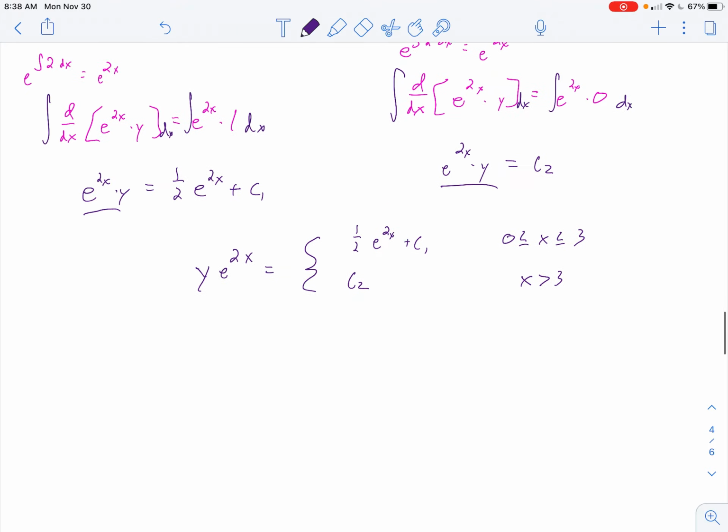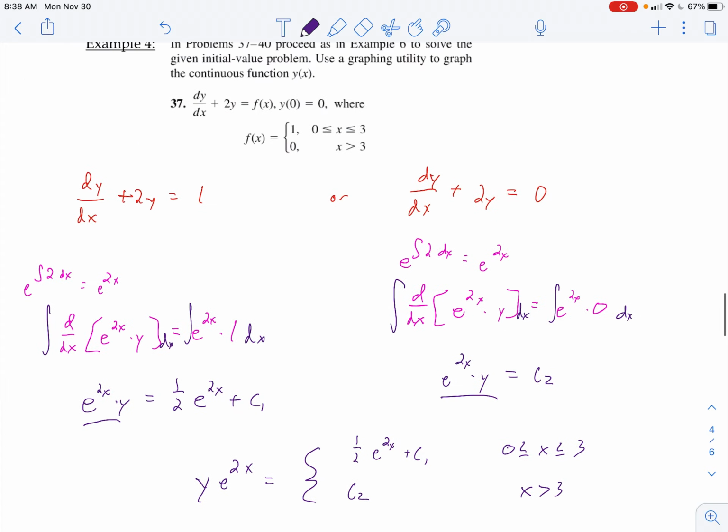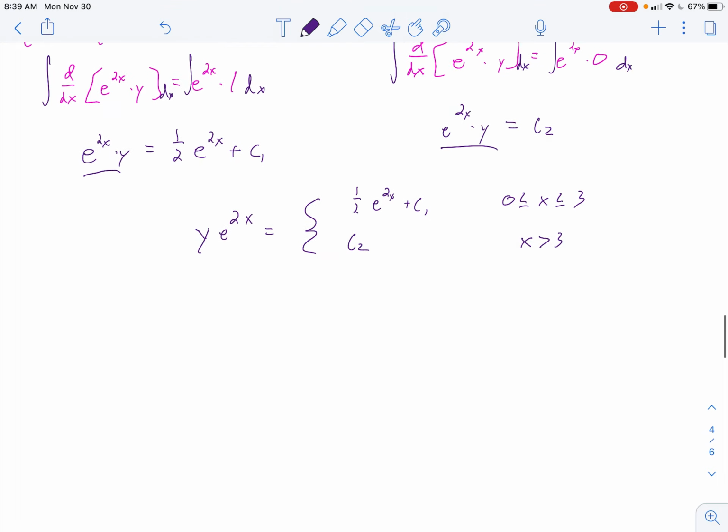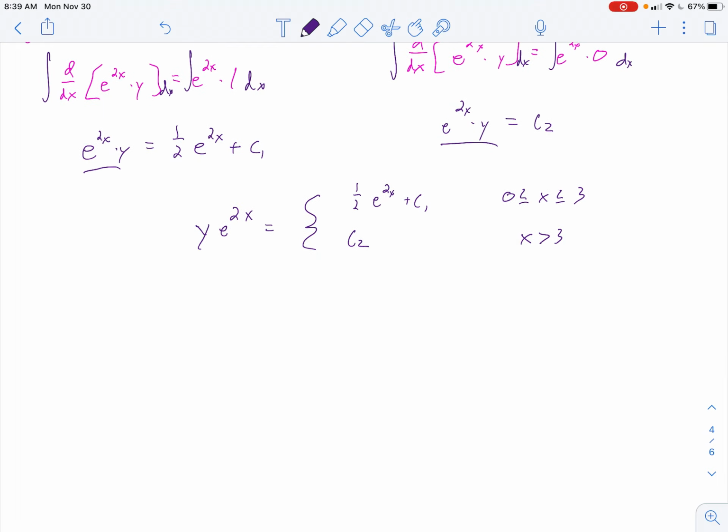All right, now let's focus on our initial value, y of 0 is equal to 0. We're going to plug that into the first equation because that's in the interval between 0 and 3.